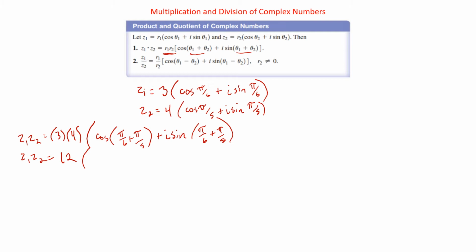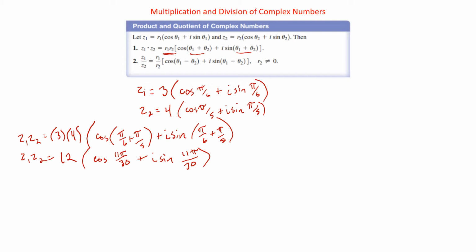So we'll have 5 pi over 30, 6 pi over 30. So we'll get cosine of 11 pi over 30 plus i sine 11 pi over 30 multiplied. Whereas if we were going to multiply them the regular way, we have to distribute, the i squareds become a -1, and we have to combine those terms. It's not too bad. In fact, it's kind of 50-50 there. It doesn't really matter which way you go.